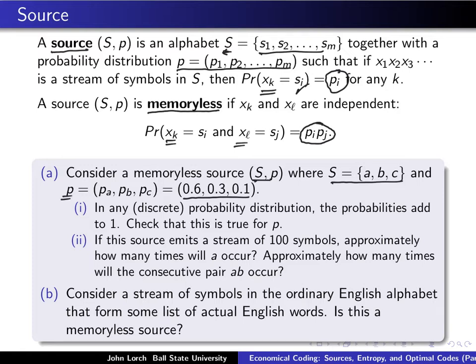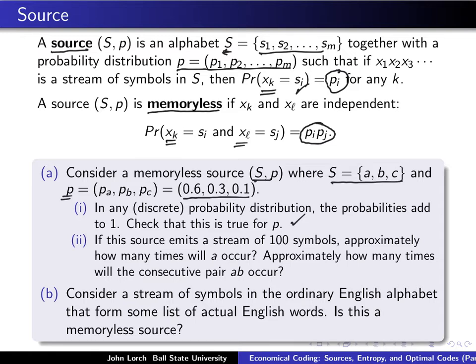One thing you might remember about discrete probability distributions is that all of the probabilities must add up to 1. So the first thing for us is to check that this is true for our distribution. And indeed it is, because 0.6 plus 0.3 plus 0.1 does equal 1.